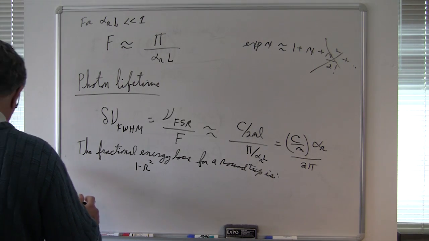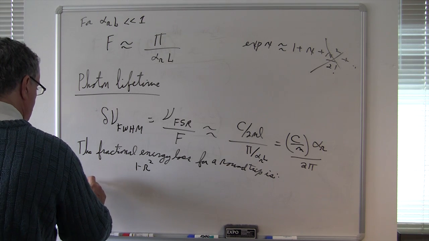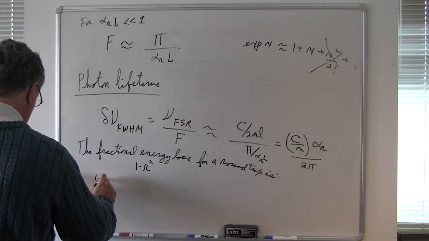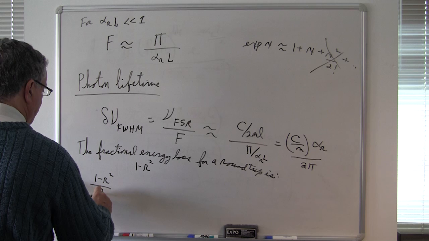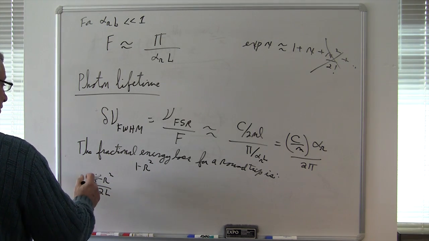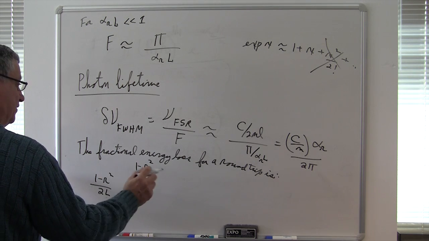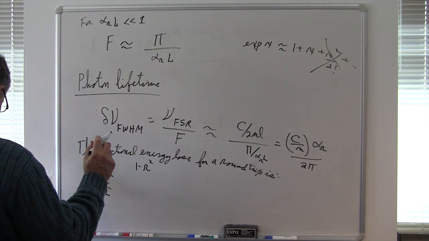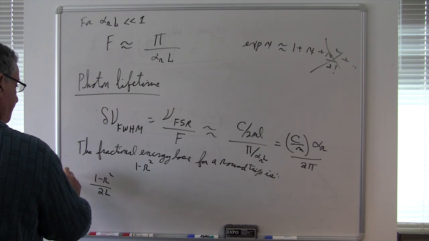Now if you take 1 minus R squared divided by 2L, then what we're going to get is the fractional energy loss per unit length.